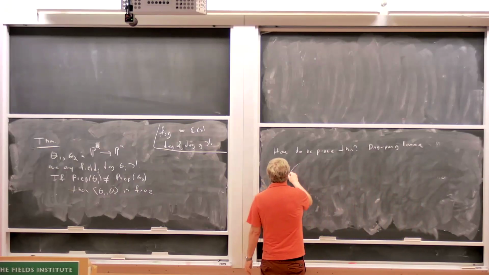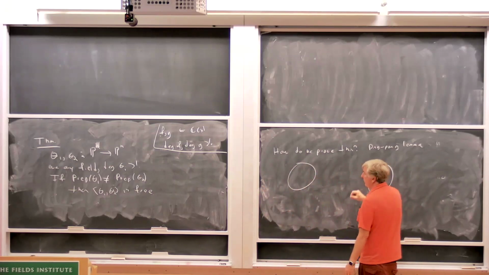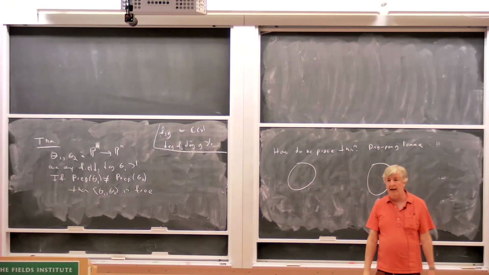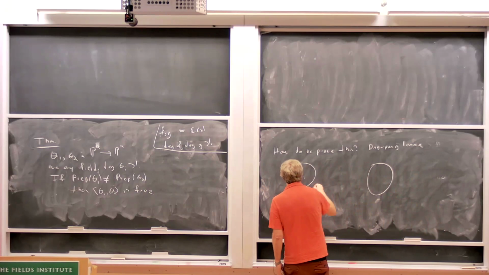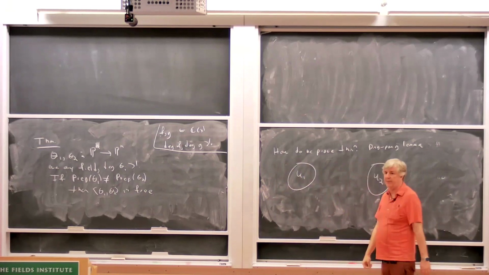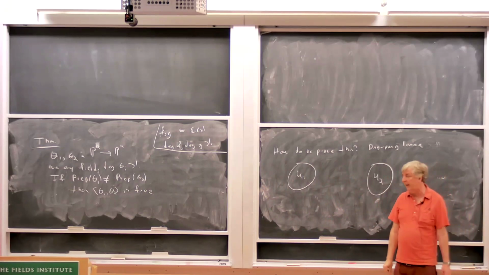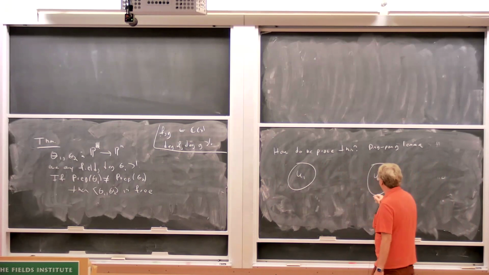Okay, so there are really nice pictures with the ping pong lemma. I have two sets, U1 here and U2 here. I'm doing a particularly simple form of it, where the whole space that they're acting on is just U1 union U2.